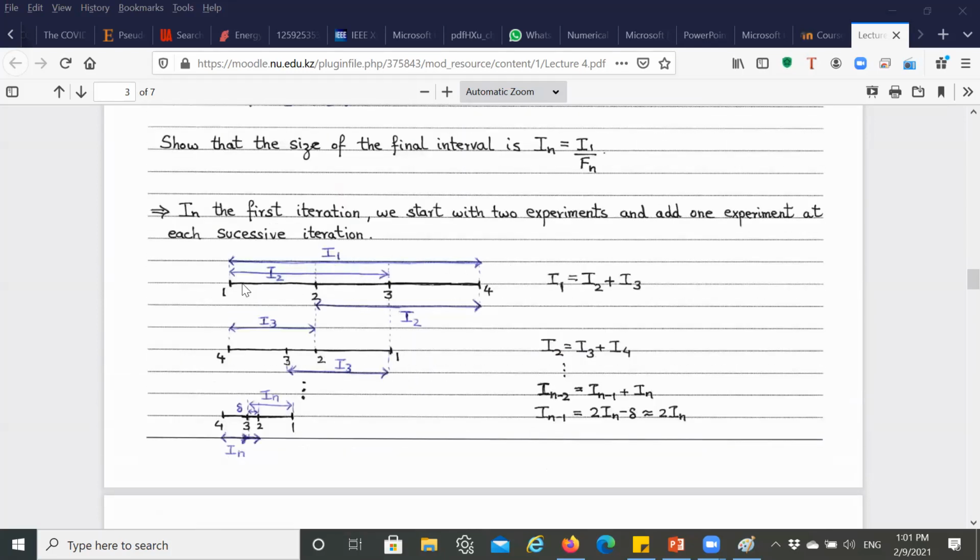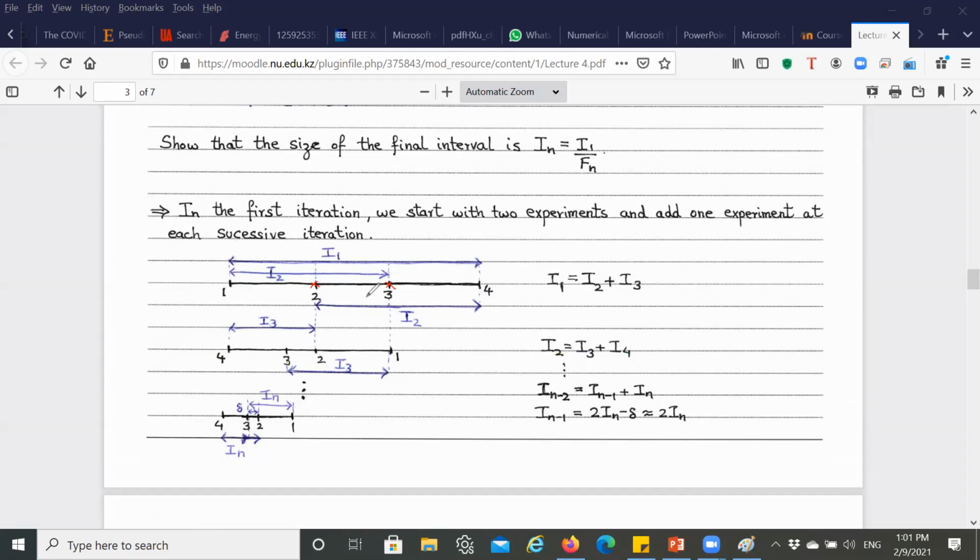Okay, so basically we know that in the first iteration, we always have 2 points to evaluate. For example, if this is the initial interval given to me, let me bring my pen, from 1 to 4, I have to find 2 points, 2 and 3, which are the points at which I evaluate my function. So the initial length of the interval is I_1.